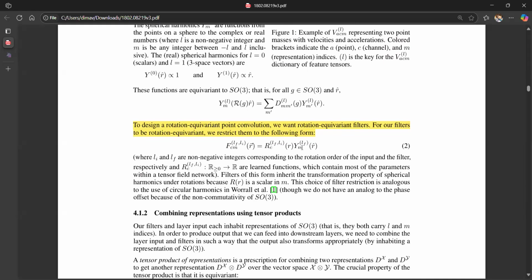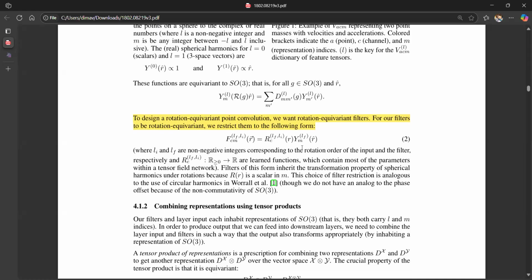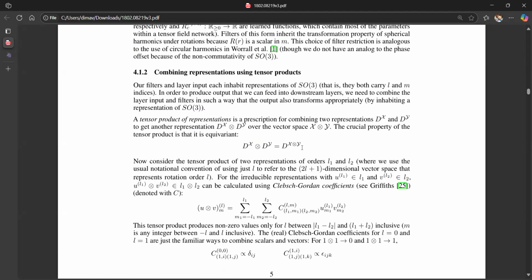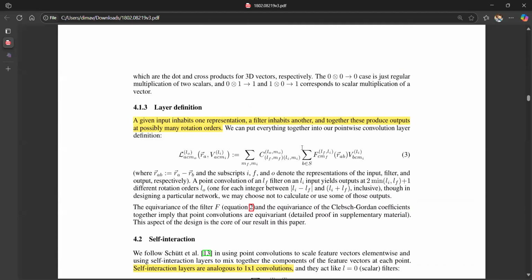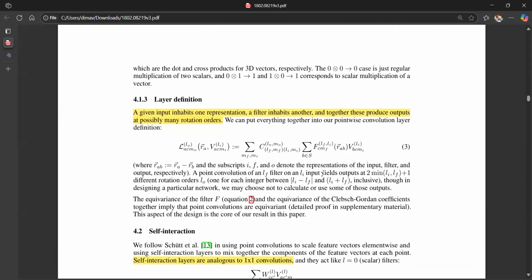Okay, so here we can simply say that the key feature is that if we have some equivariant functions, a combination of them is also equivariant.